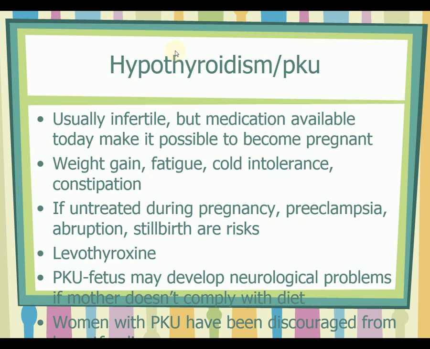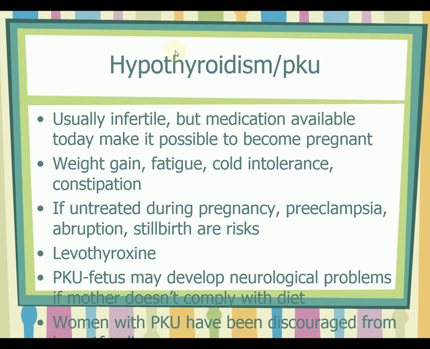They'll be fatigued, have cold intolerance, and have constipation because their system is working so slow. If we don't treat it during pregnancy, the baby could be stillborn, she could develop preeclampsia, and she could develop abruptio placenta. And pretty much that's what I want you to know about hypothyroidism.